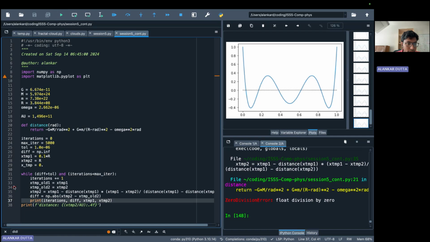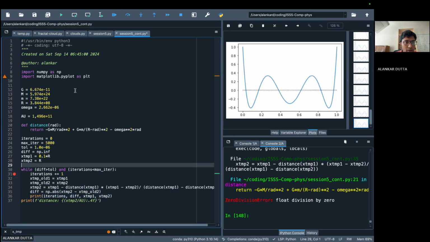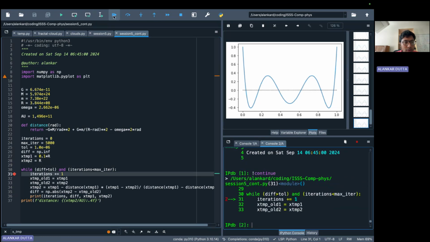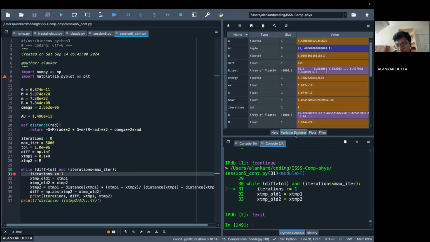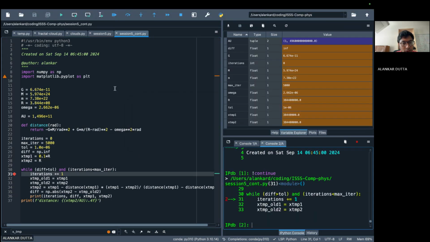And the very first thing, we get an error, so we'll just go in here, try to look at what's happening. x underscore tmp, do we have anything like that in here? No, so we can get rid of this one. Okay, first let's get rid of the variables. Got it. So come in here, and okay, what is happening in AU?